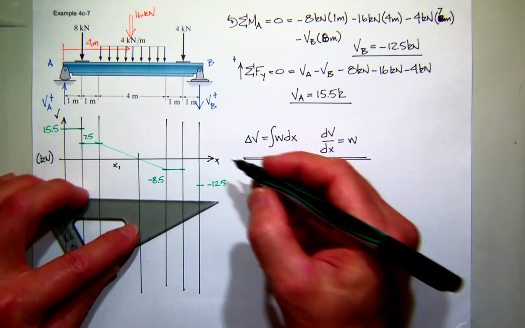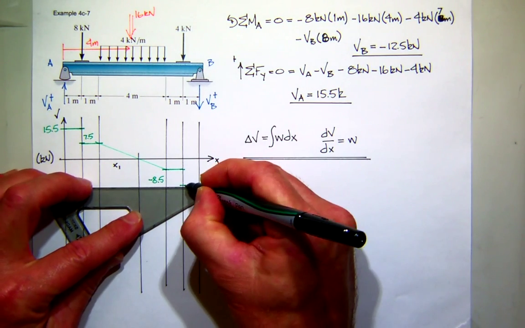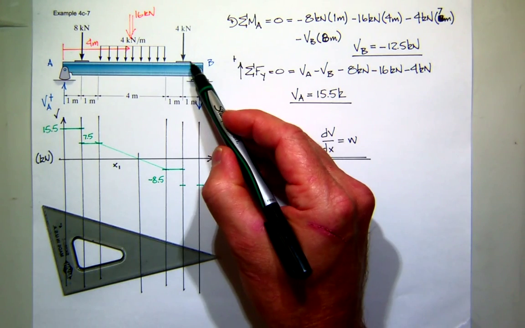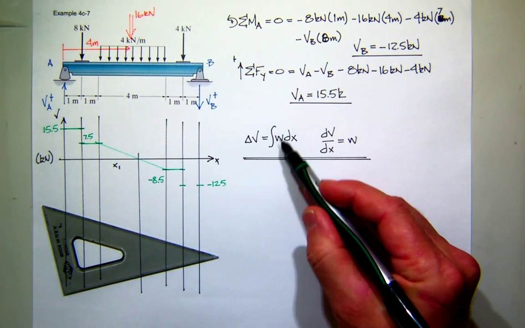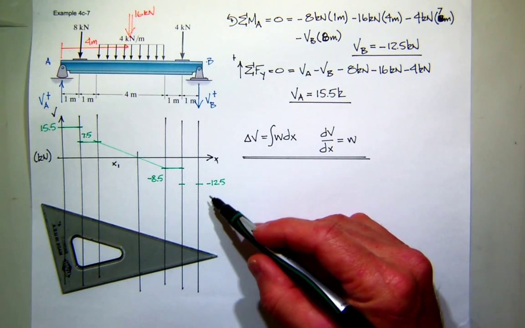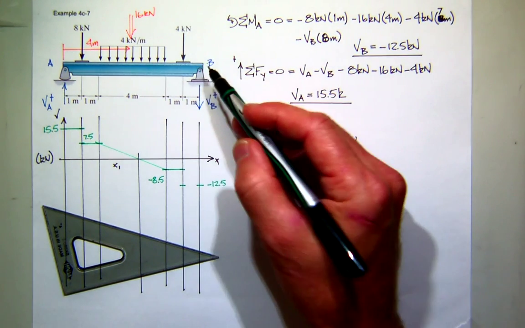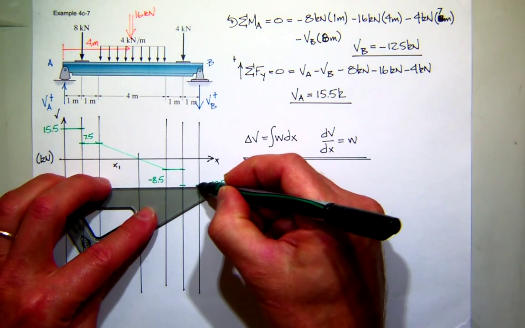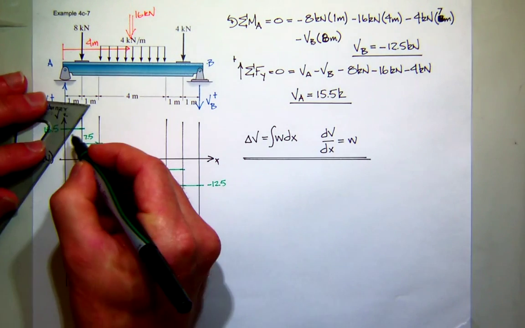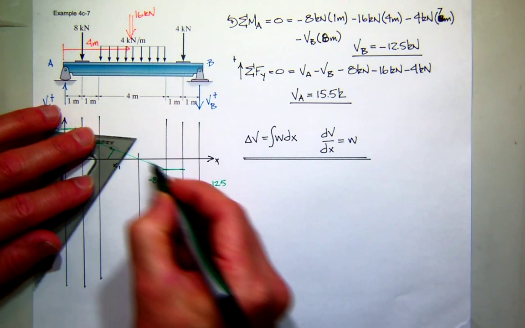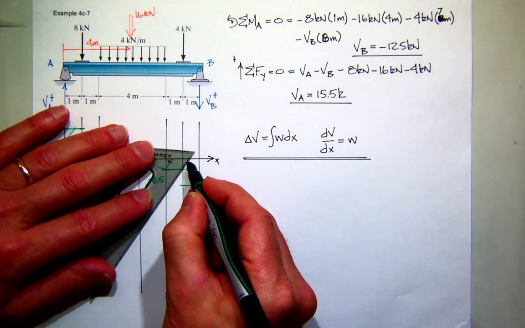So that should bring us to negative 12.5. And then you can see the last meter, no load. No load means no change. That's great. It matches. And the slope is given by the load. The load is 0, so we get 0 slope. So we get this very strange-looking diagram. We have a constant section, and it changes, and then it steps again.